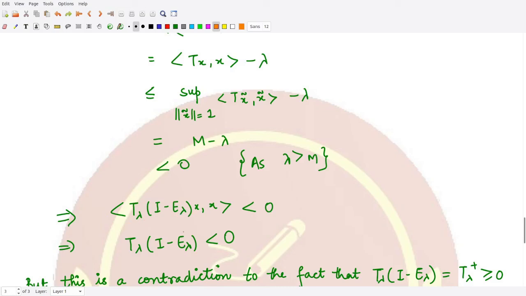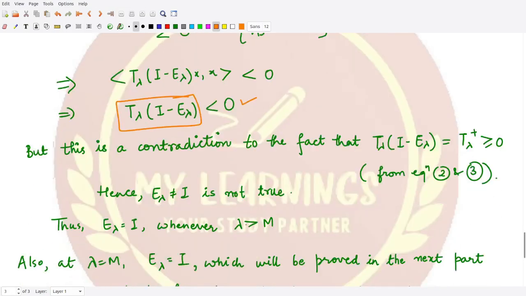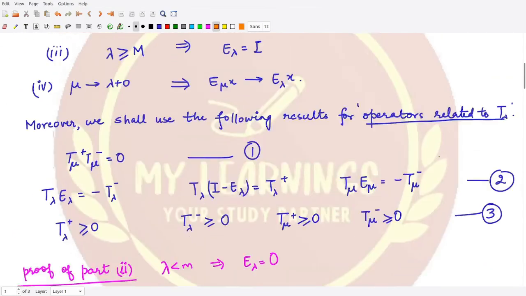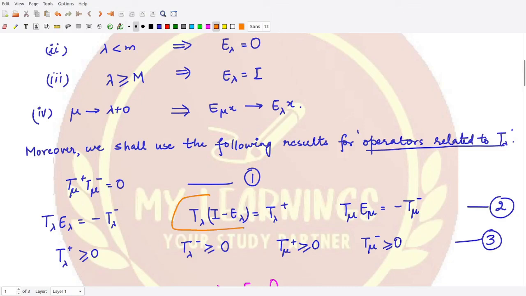Now let's see what this operator actually is. Is it really a less than 0 operator, or is it something else? In this case, T_lambda (I minus E_lambda) is equal to T_lambda positive. Let me show you from the previous results: we have T_lambda (I minus E_lambda) is T_lambda positive, and T_lambda positive is a positive operator.